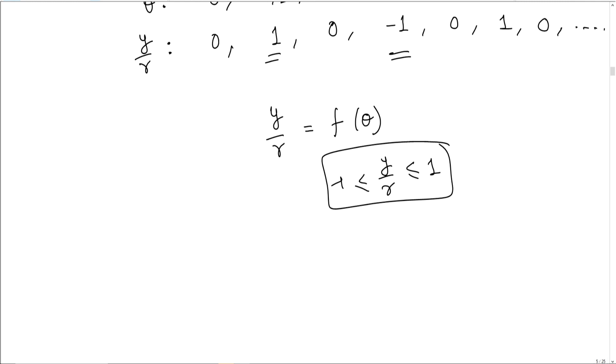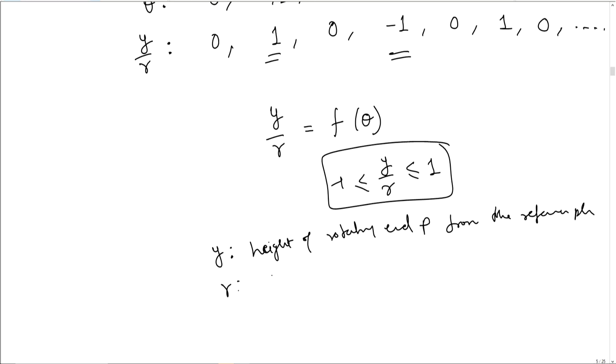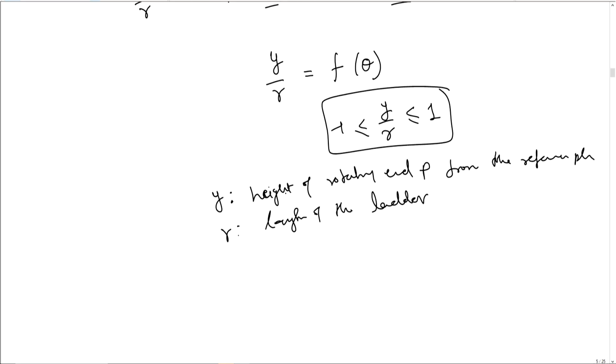What is y here? Y is the height of the rotating end P from the ground, from the reference plane. And what is r? R is the length of the ladder. So, what we are saying is that, let us say this is our ladder, this is the rotating end P, this is the fixed end, and let us say this is the reference plane.